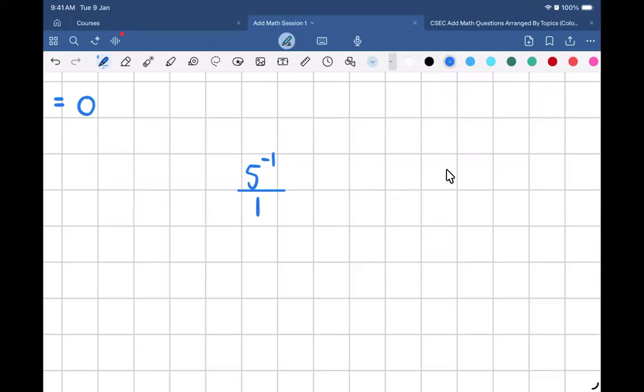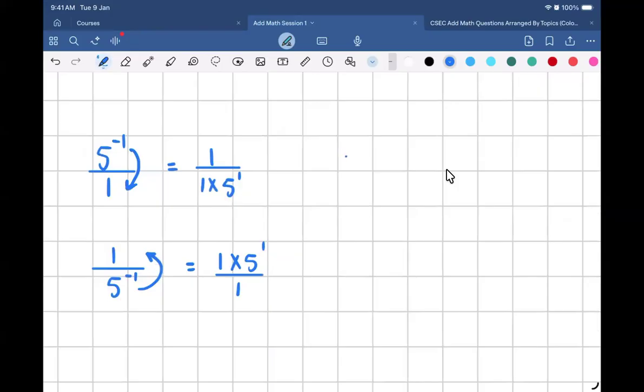So if in the numerator the power is -1 and I send it to the denominator, that turns into 1 all over 1 multiplied by 5 to the power 1. Did I confuse you there? No, sir. Okay, if I had 1 all over 5 to the power -1, but this time it was negative in the denominator, I would bring it up to the top and I would end up with 1 multiplied by 5 to the power 1, all over 1, which is just 5. All right?